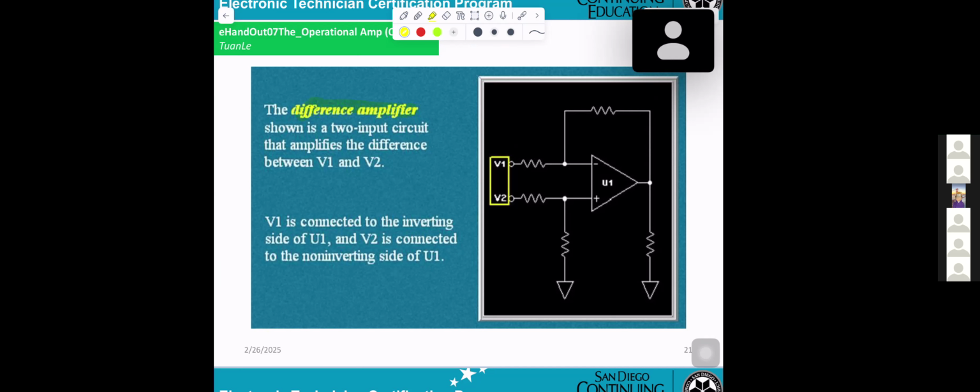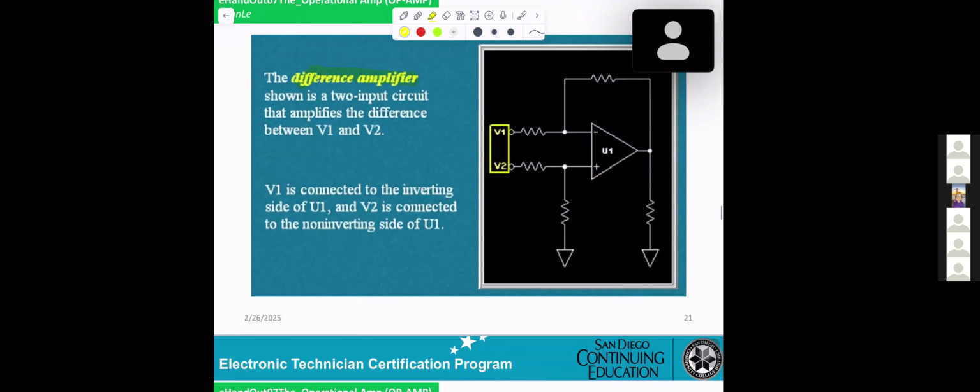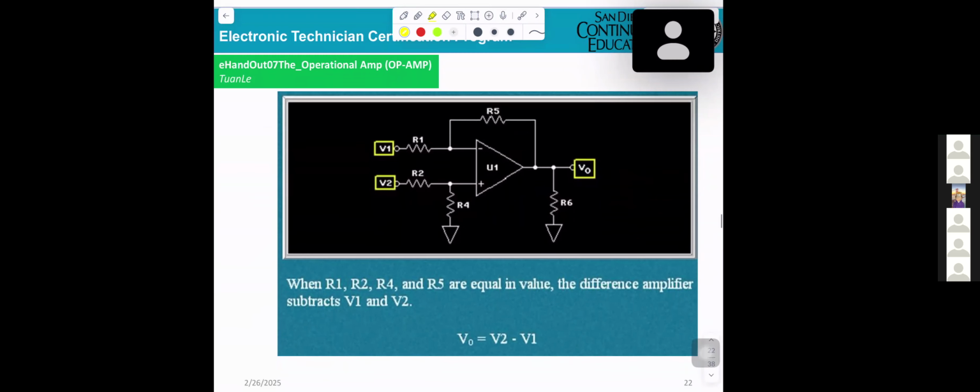Differential amplifier. A two input circuitry, V1 and V2, that amplifies the difference between V1 and V2. V1 connects to inverting, V2 connects to non-inverting. When you see that, that will be the name, differential amplifier.